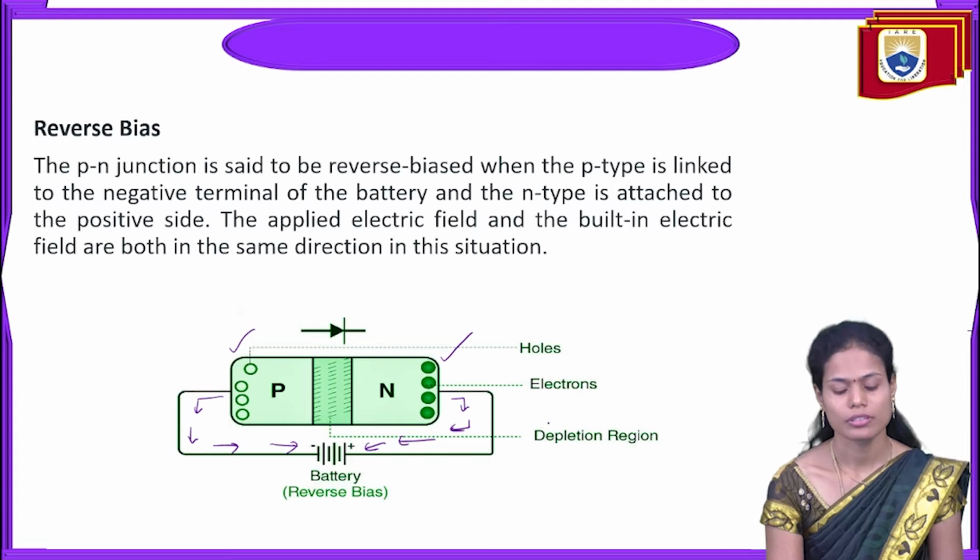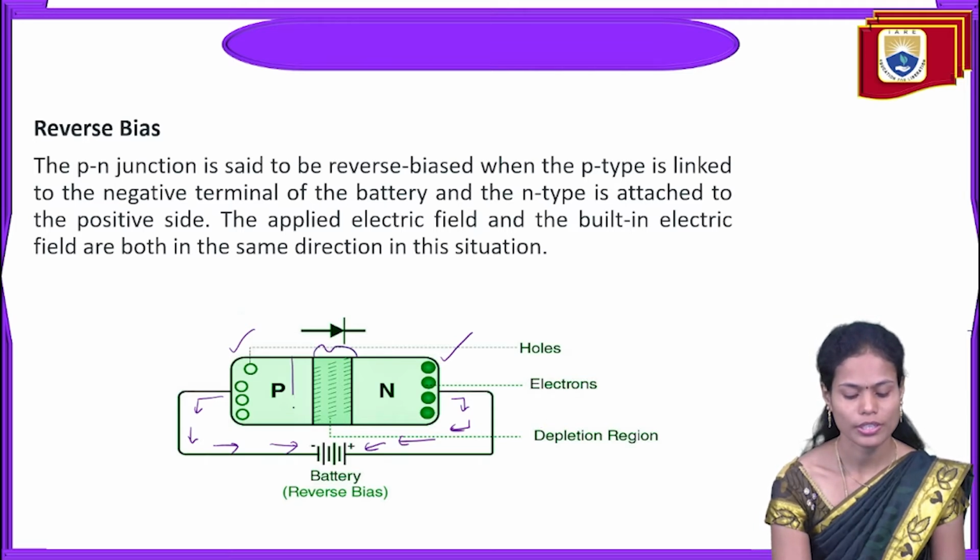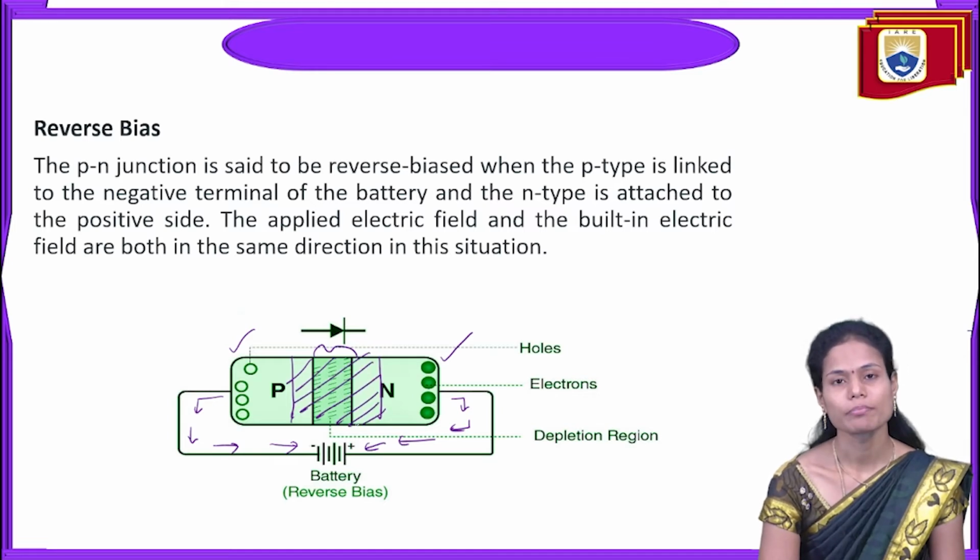So the depletion region becomes wider, its width increases. Once the depletion region width increases, the movement of charge carriers is less, so no current flows in the device.